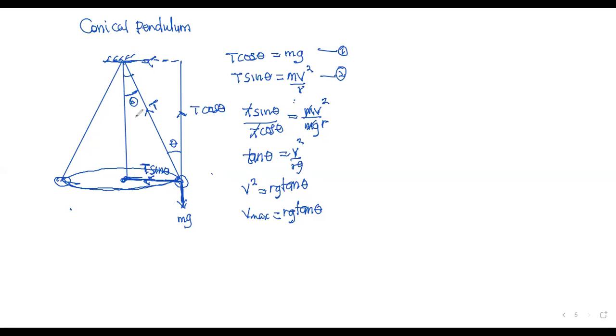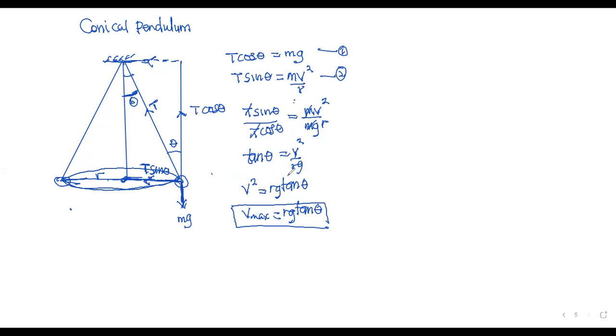So this becomes the maximum velocity for a conical pendulum. And it also depends on the radius of the base circle, which is this. This is R. And it also depends on the angle of tilt theta. Please, you forgot the root over the rg tan theta.